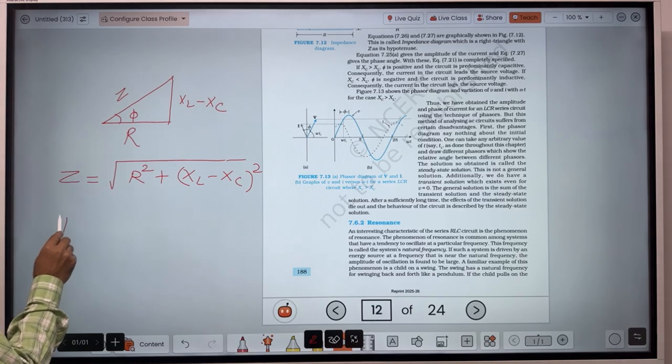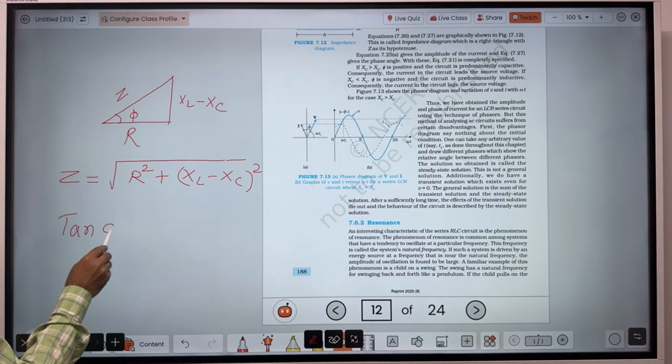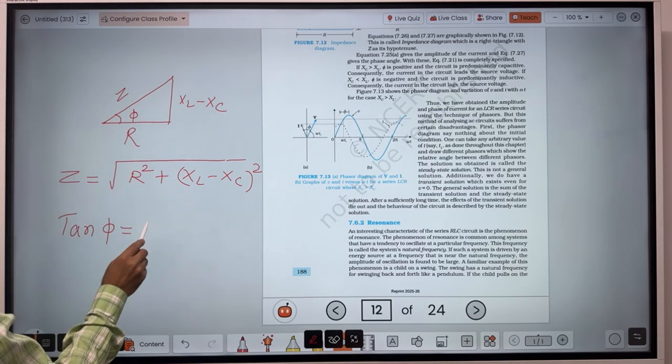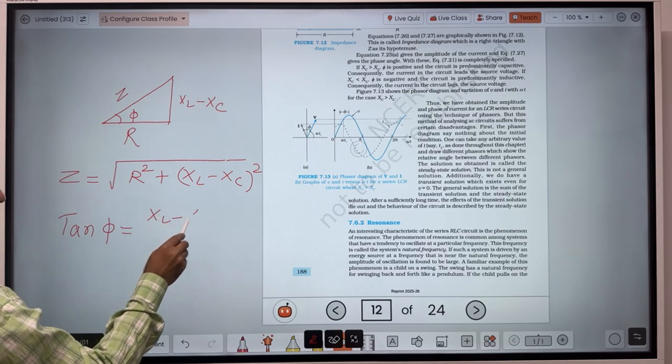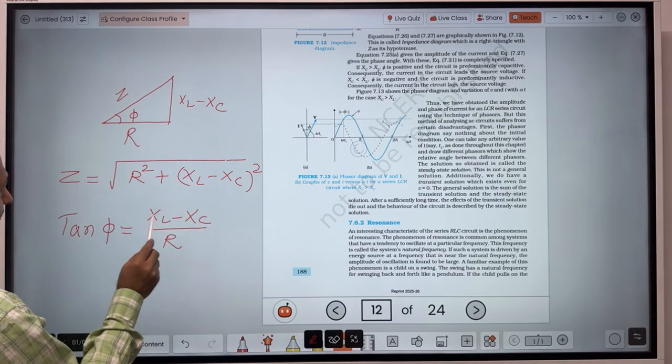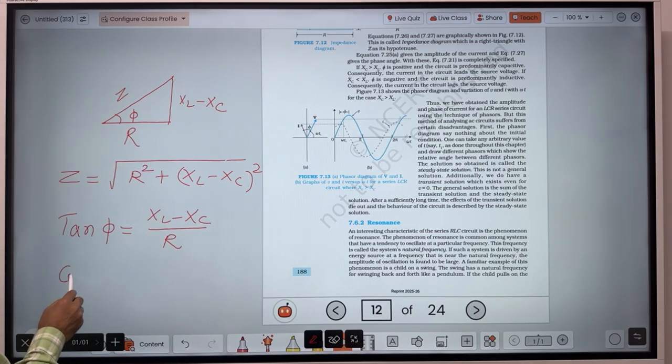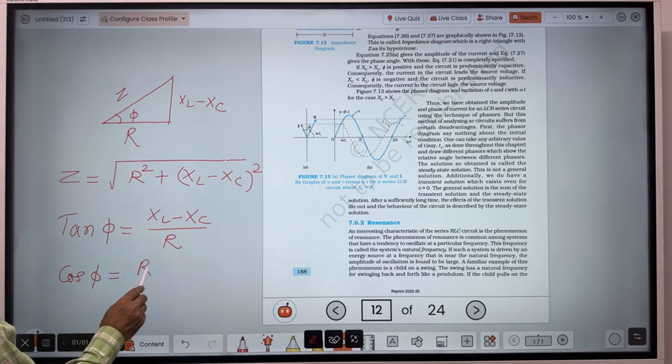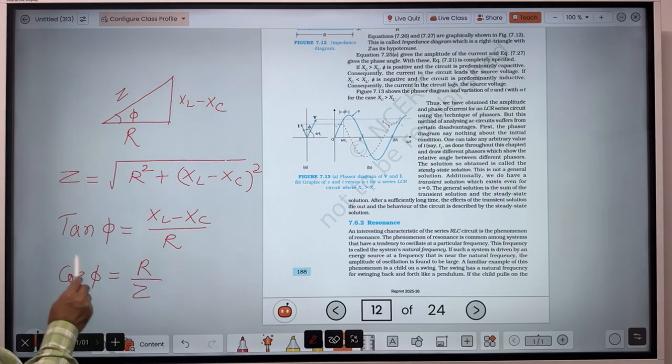And from here if we find tan phi, it will be equal to (XL minus XC) divided by R. We can also find cos phi. Cos phi will be R upon Z.